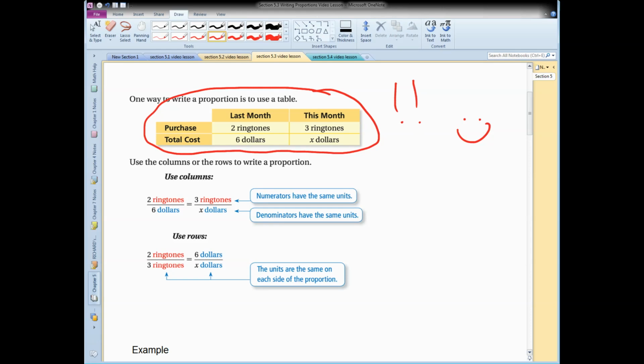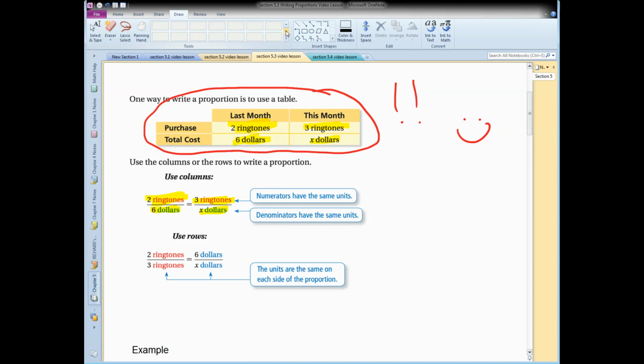One is you can focus on the columns: 2 ringtones for every $6 equals 3 ringtones for every X dollars.